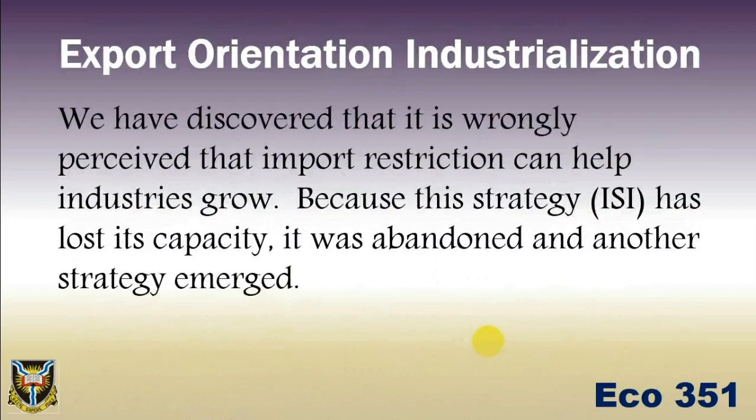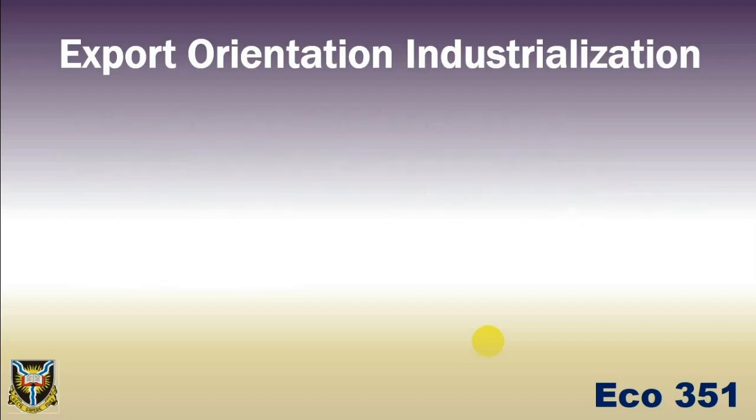Export orientation industry. We have discovered that it is wrongly perceived that import restriction can help industries grow. Because this strategy, that is import substitution industrialization, has lost its capacity, it was abandoned and another strategy emerged.